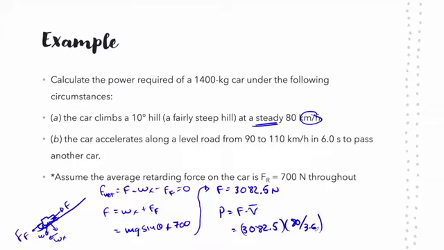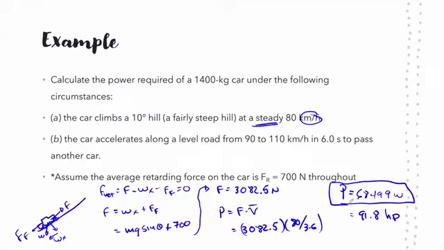And in order to do that, I have to divide by 3.6, which means that the power required of the engine is going to be equal to that times 80 divided by 3.6. That gives me a power output of 68,499 watts, which is approximately 91.8 horsepower.